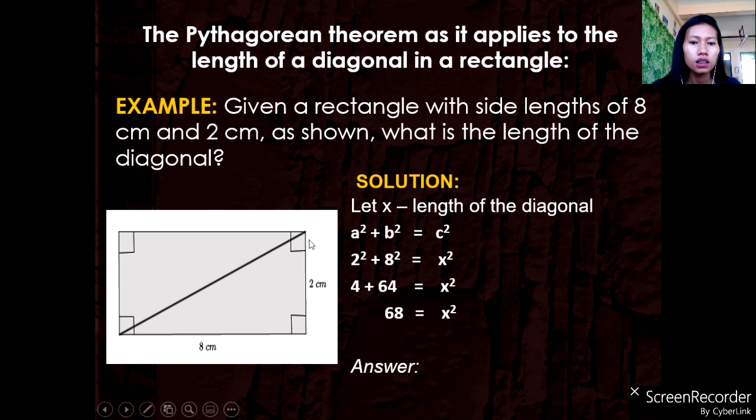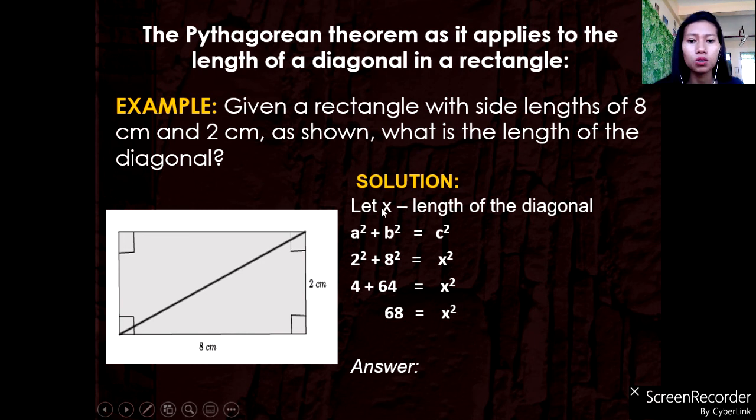So, titingnan natin or hahanapin natin yung measurement nito or the length of this diagonal here in the rectangle. Ang hahanapin natin is yung hypotenuse or the longest side because 2 and 8 centimeters are the two legs.